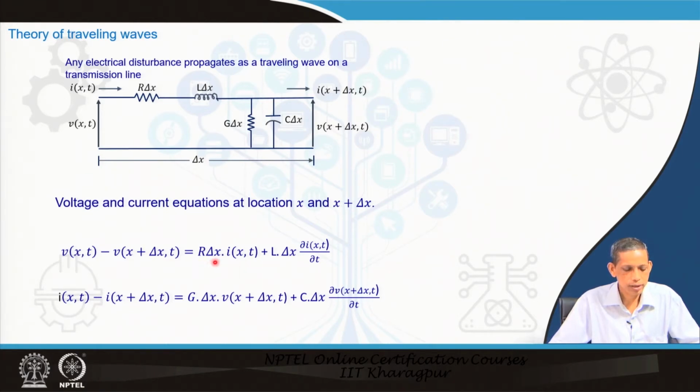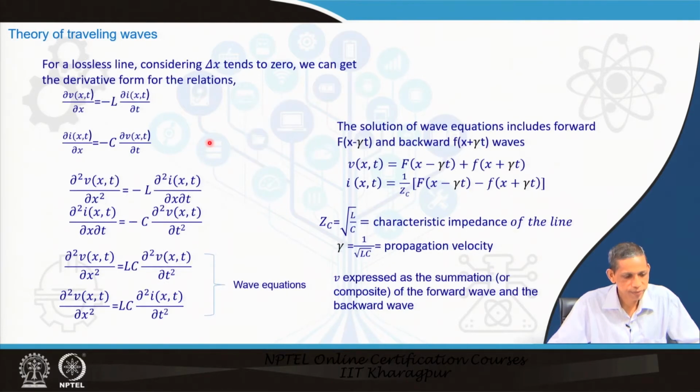This has the associated resistance times current, and L delta x into del I upon del t. Now, the current at x and at x plus delta x differ by a relation based on conductance and capacitance. These are the basic equations for the voltage and current relations of this network.